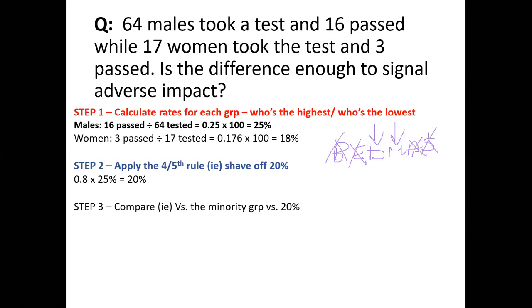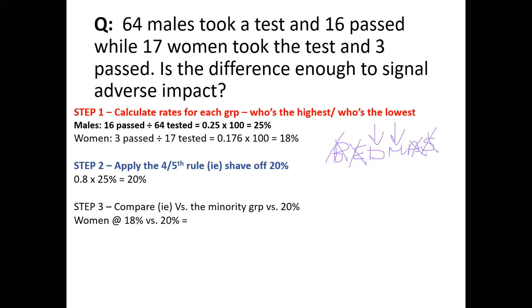So we're going to bring the ladies back in, the women. They had a pass rate of 18%. And remember, the definition said, a selection rate for any race, in this case sex, or ethnic group, and when that rate is less than 80% of the rate for the group with the highest rate, well, the group with the highest rate were the men. 80% of the men's rate of 25 is 20%.